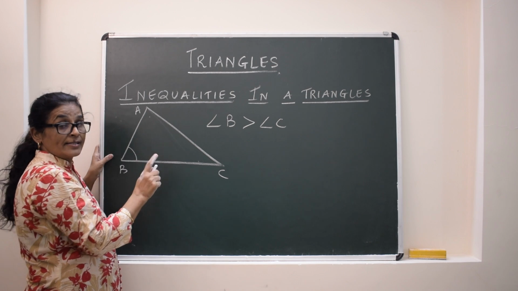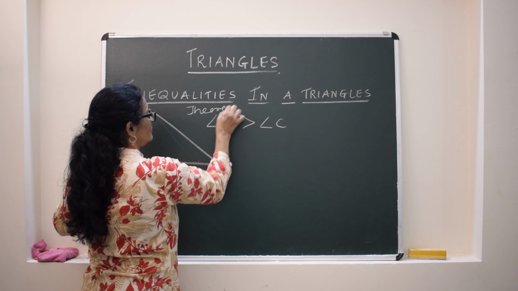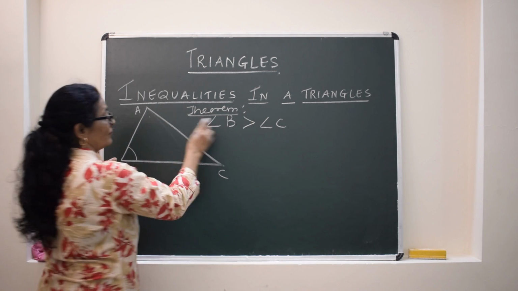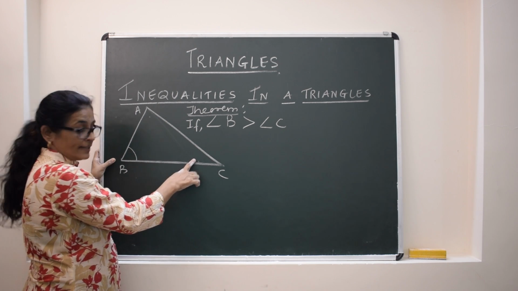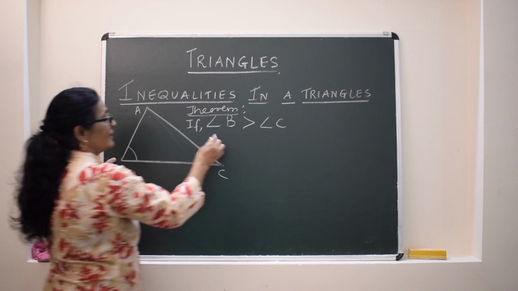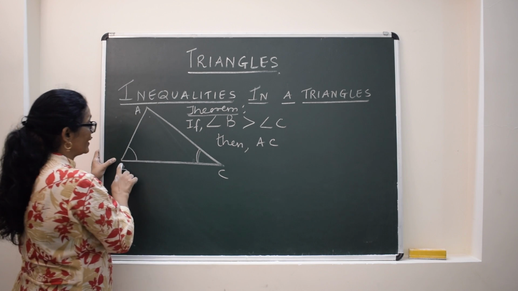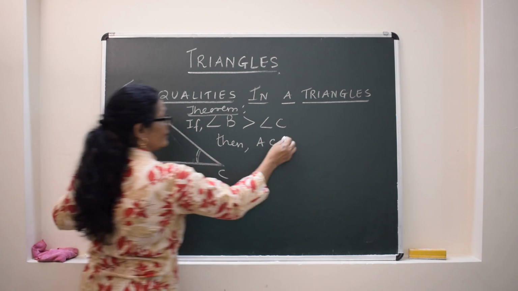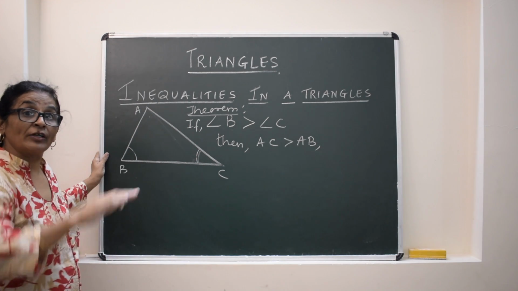So this result, this is a theorem, says that in a triangle, if angle B is greater than angle C, then the side opposite to angle B, that is AC, will be greater than AB. The same result I can write in a different way.